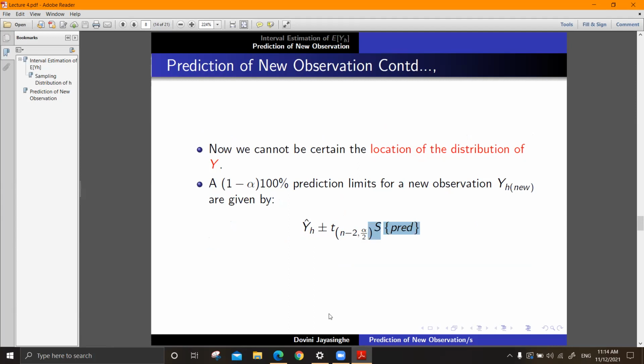Why? Because it becomes wider. We have to accommodate all the new observations in our prediction limits. So the variance term, the standard error term, gets different. That is the only difference between the confidence limits and the prediction limits. Only this part changes. Everything remains the same.